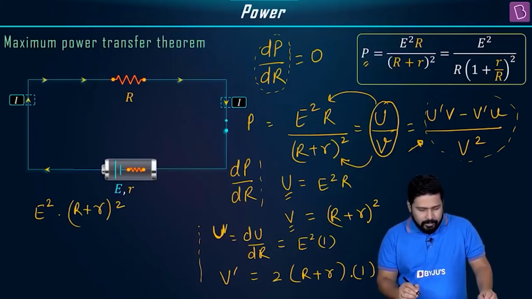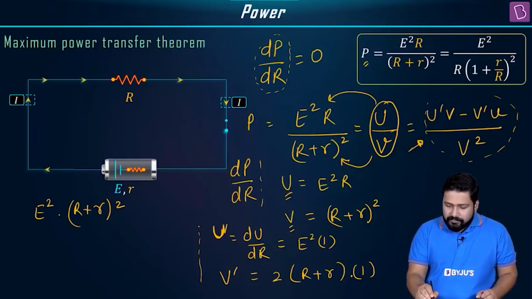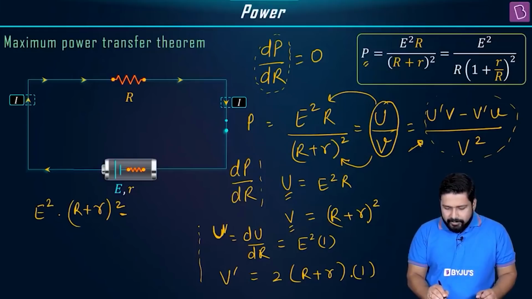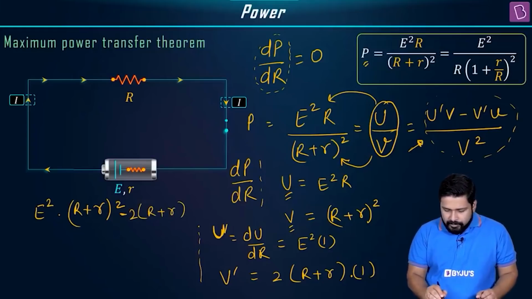Okay. Then what do we get? The next thing is minus V dash into U. What is V dash? V dash is 2 times capital R plus small r, and times U. What is U?